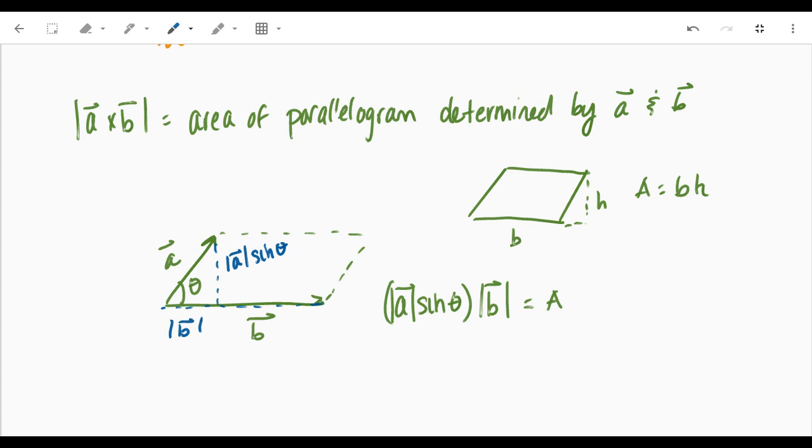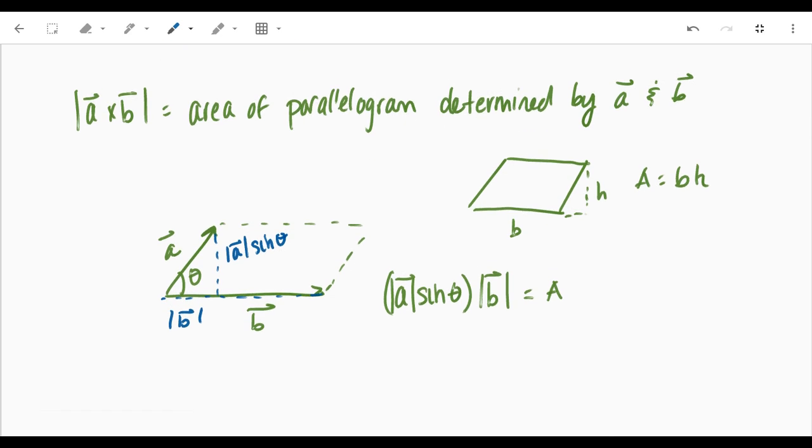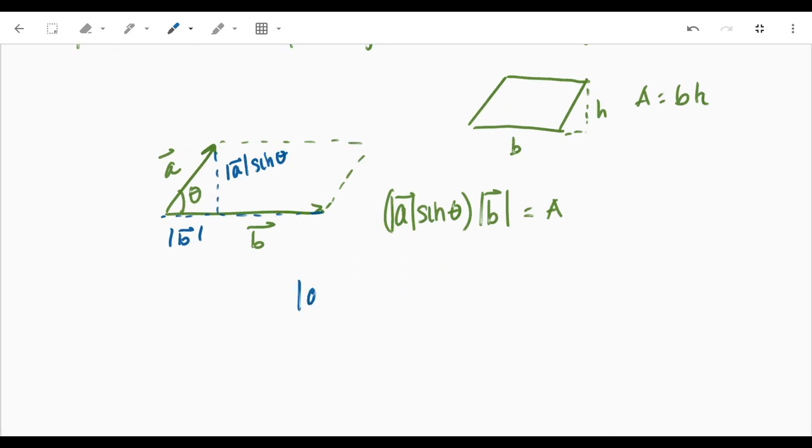And then just remember, too, if we go back up there, the magnitude of A cross B over the magnitude of A times the magnitude of B, that is the sine of theta.